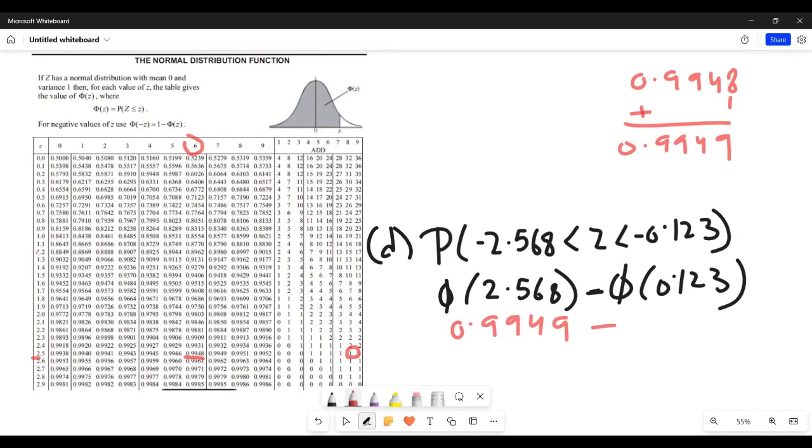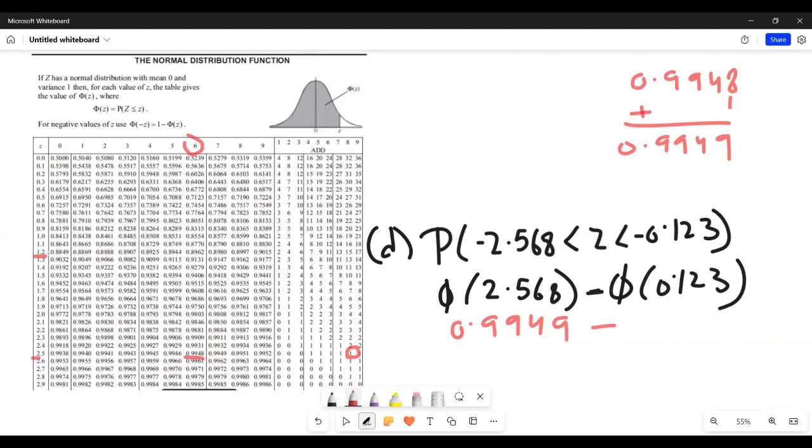1.23. 0.8907. So subtract these two. Oh no, it was supposed to be 0.123. Sorry, this is incorrect.